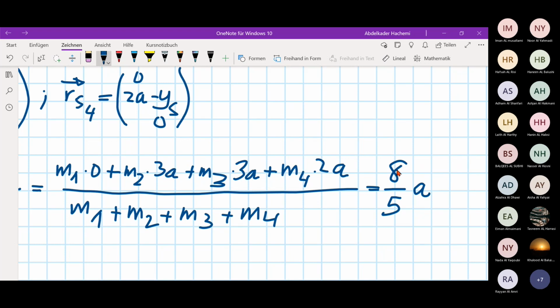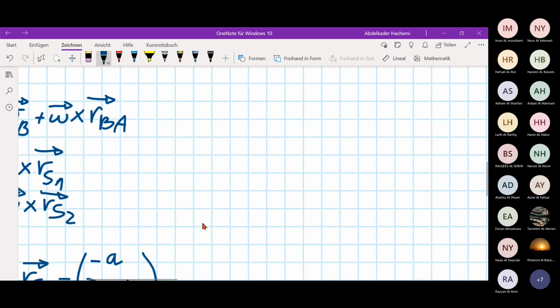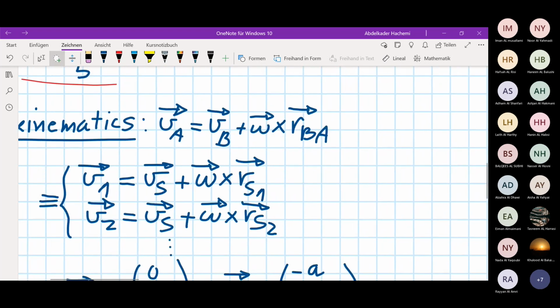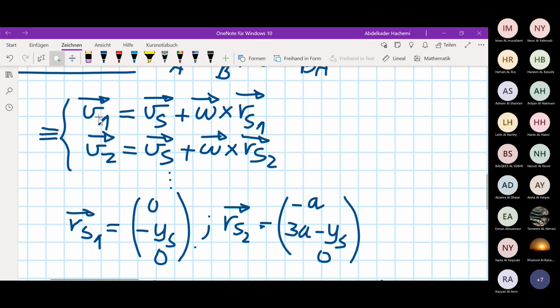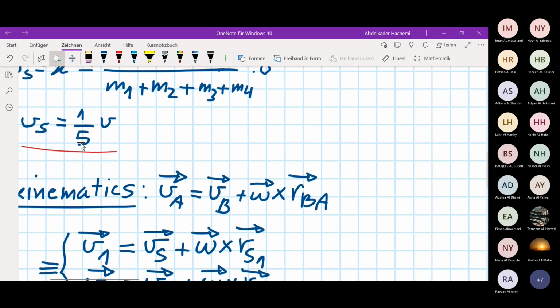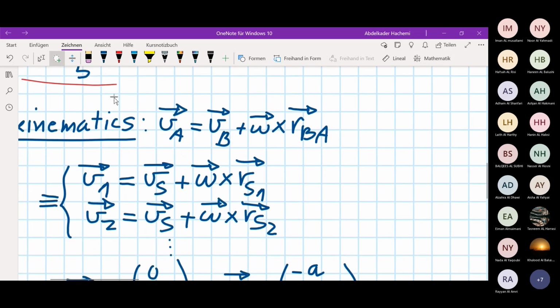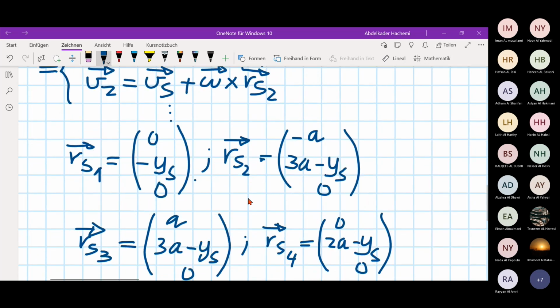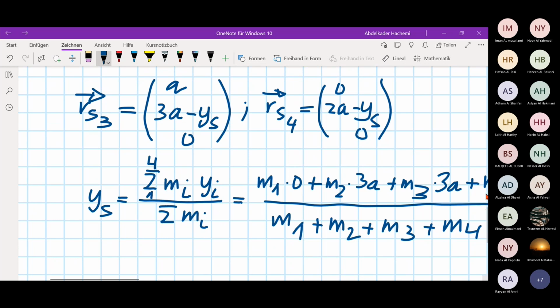Now, if we look at the expression of the velocity Vs, we said V1 is Vs, and Vs is given by 1 divided by 5 V. We have omega, it's only phi dot, and RSE, sorry, is given by the expression 0, minus ys, 0. Ys is given by the value which is 8 divided by 5a.